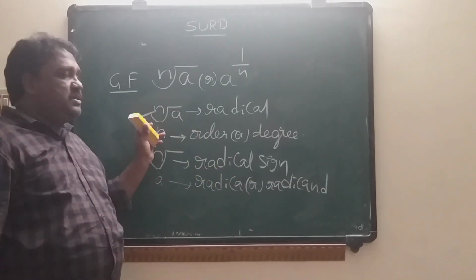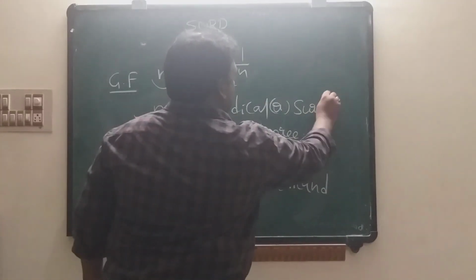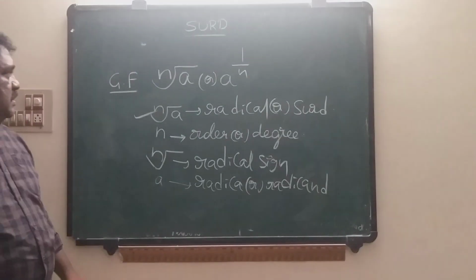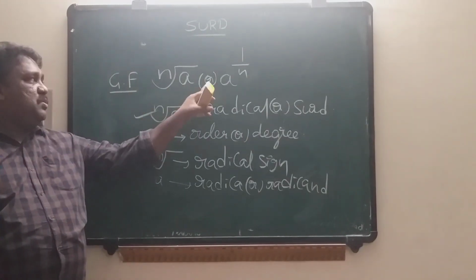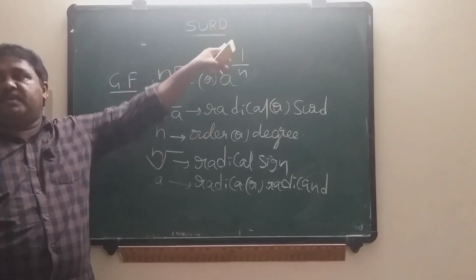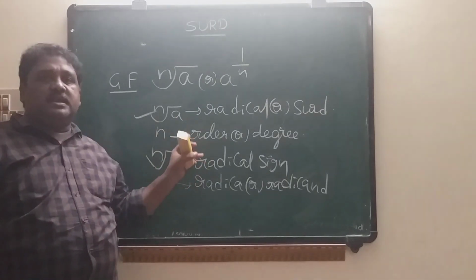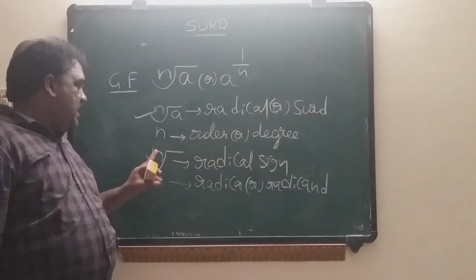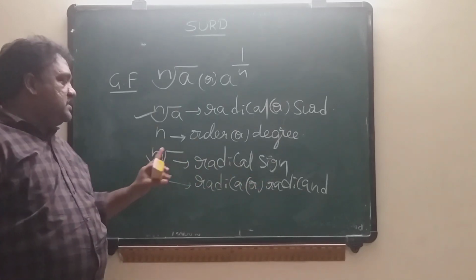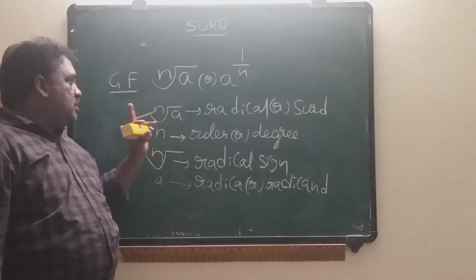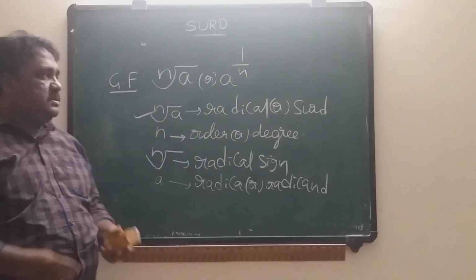Totally, nth root A is known as radical or surd. So the general form of surd is nth root A. Nth root A can be written as A to the power of 1 by n.